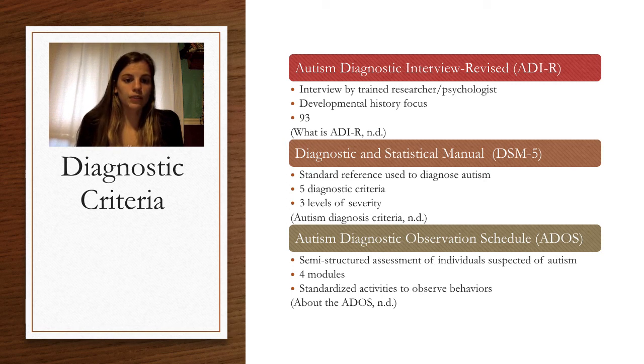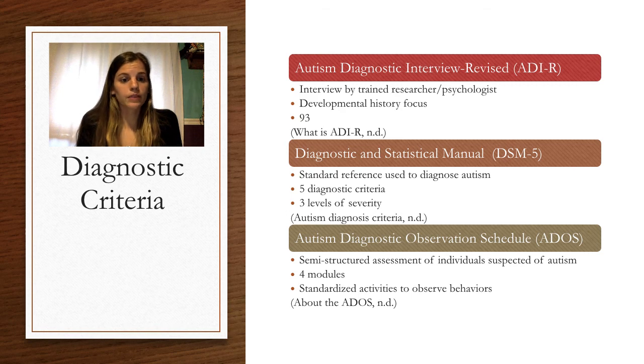The first is persistent deficits in social communication and social interaction across multiple contexts currently or by history. The second is restricted, repetitive patterns of behavior, interests, or activities currently or by history by 2 of their 4 items listed.